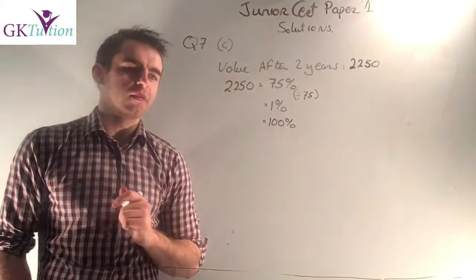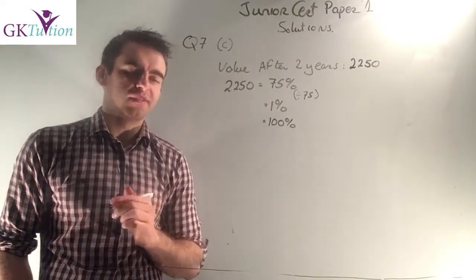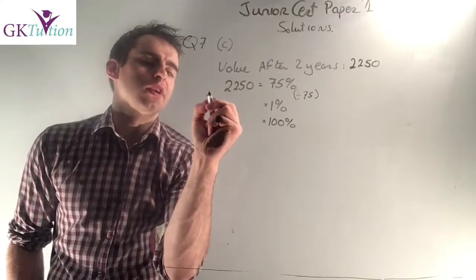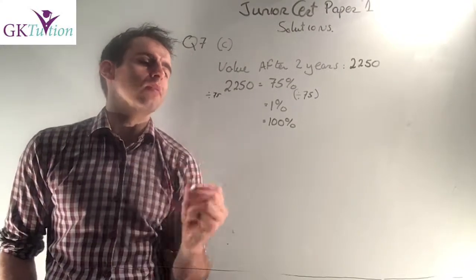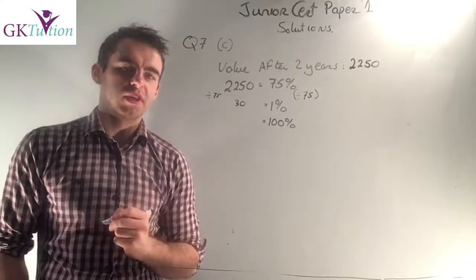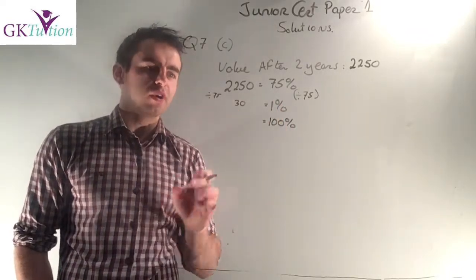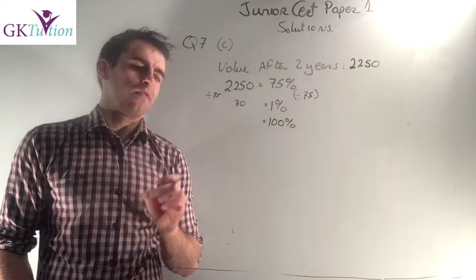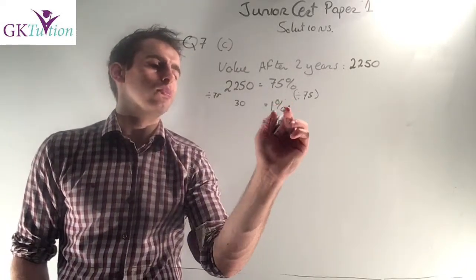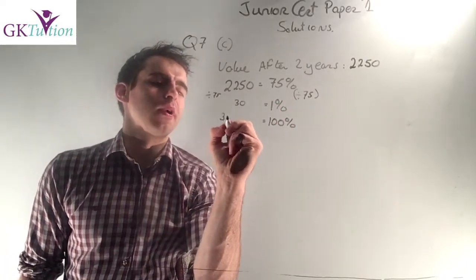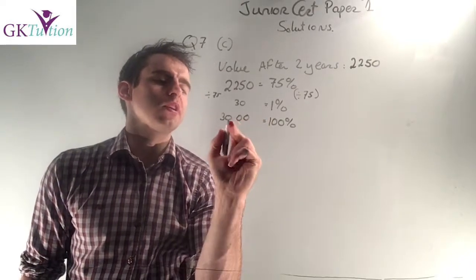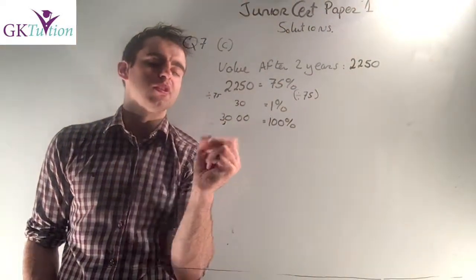You divide the right hand side by 75, you also divide the left hand side by 75. 2,250 divided by 75 gives me €30. So 1% of what the computer was worth 1 year ago is €30. If I multiply that by 100, I go from 1% to 100%. That means that 1 year ago the computer was worth €3,000.